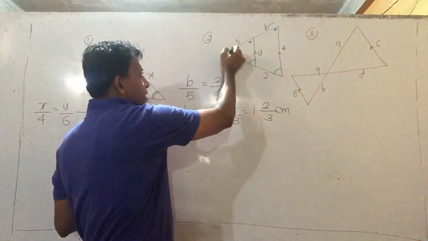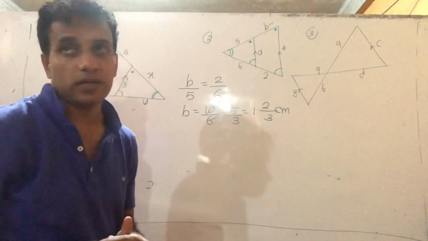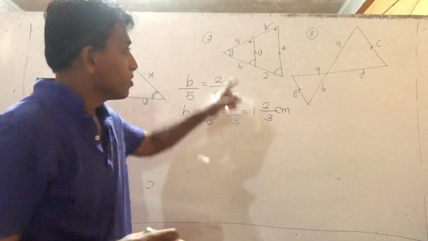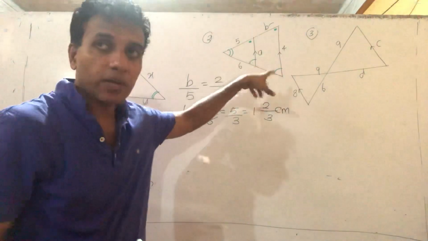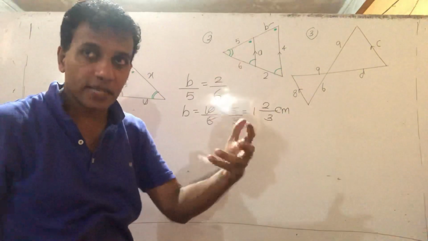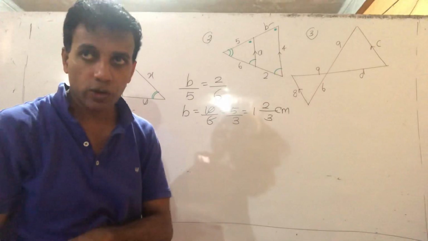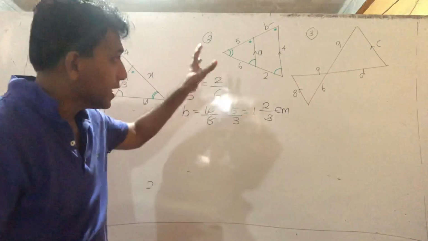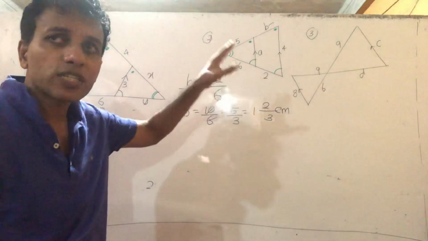Also this acts as a common angle. If you want to write that properly, you write those terms: triangle ABC and triangle PQR. Later I will show proving questions. Therefore the small triangle is equiangular to the largest triangle.